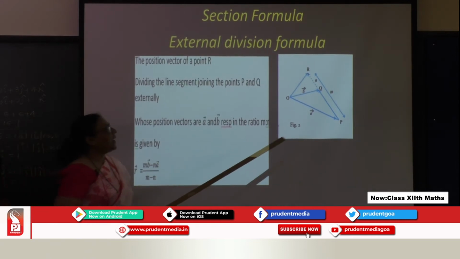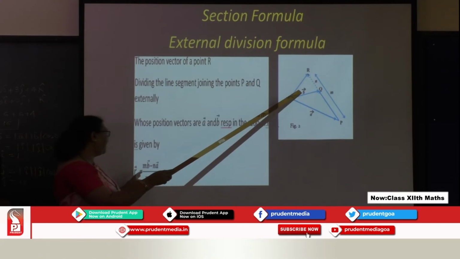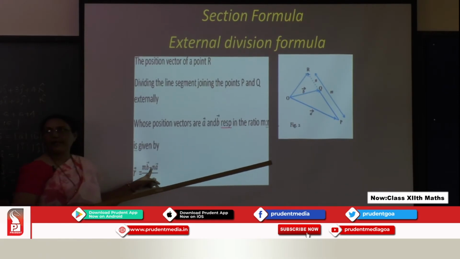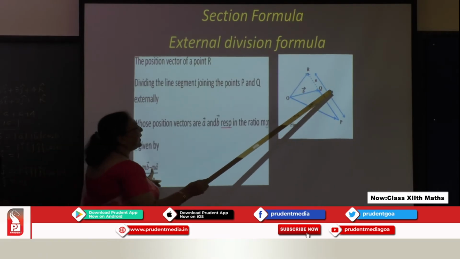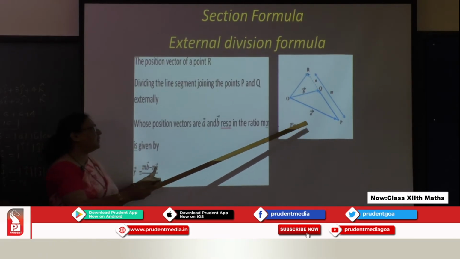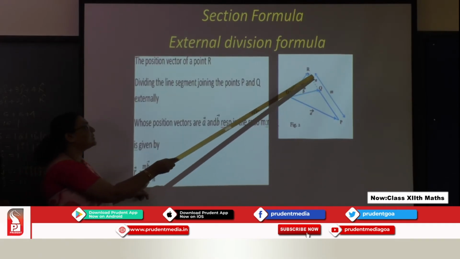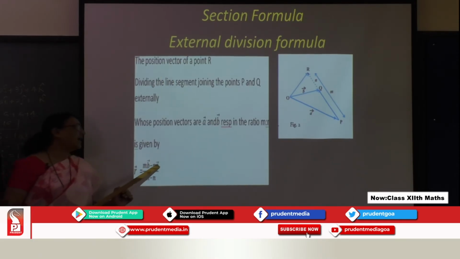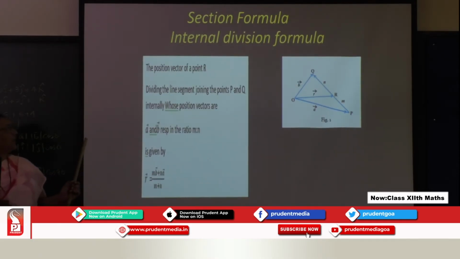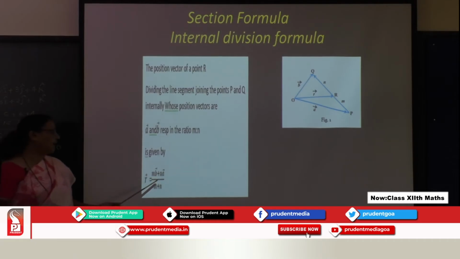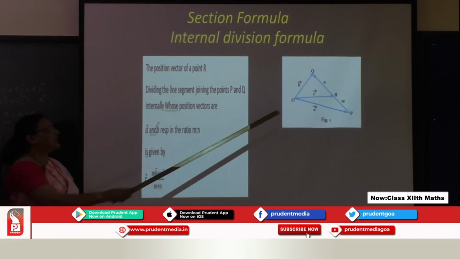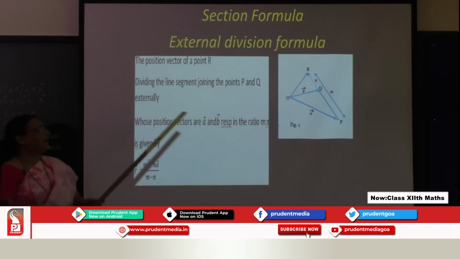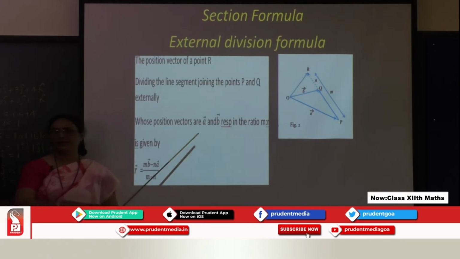So you will get m times b bar minus n times a bar divided by m minus n. For the external division formula you get the minus sign, for the internal division formula you get the plus sign. It is the same formula, but here R divides internally. In the next slide, R divides externally, R is outside.